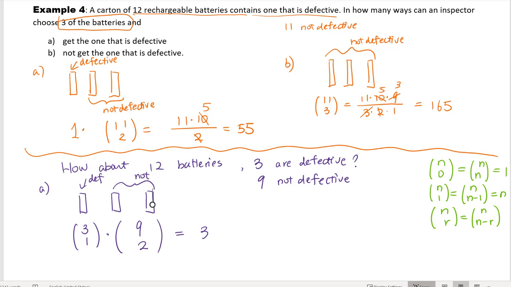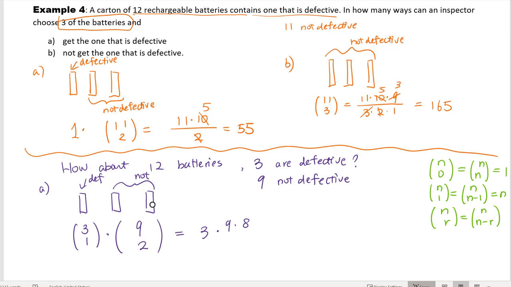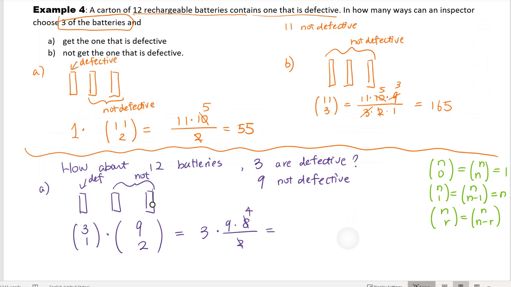So these are the properties of combinations. So 9 choose 2, what is 9 choose 2? Well, we start with 9 and we count down to 8, divided by 2. They cancel. So 3 times 9, 27. Let's see, 27 times 4, what is that? 108. So this is part A.